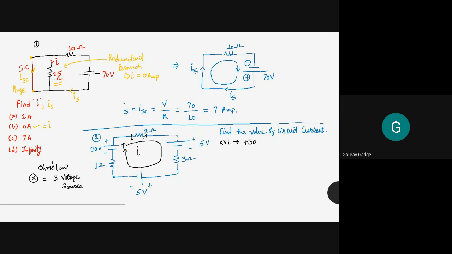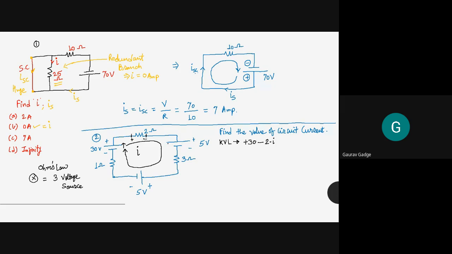V is equal to I into R, and the resistance is 2, so twice I. But as the direction of that current is from positive to negative, which are the signs assigned to that resistance, it should have a negative value. So the voltage drop across the 2 ohm branch is minus twice I.